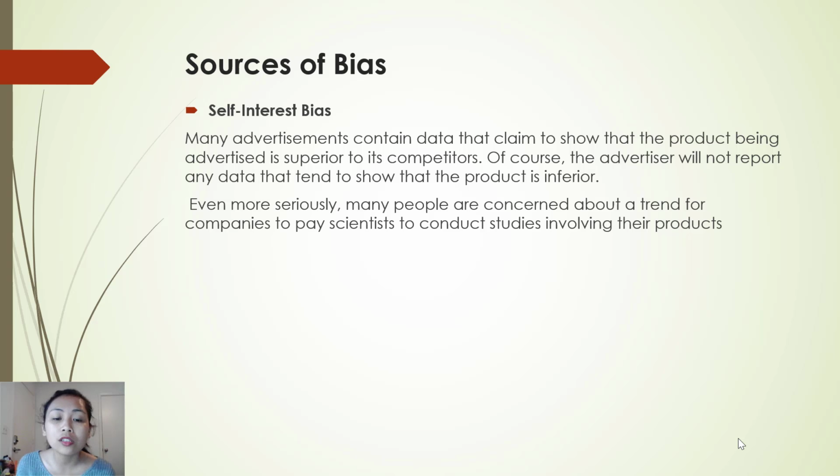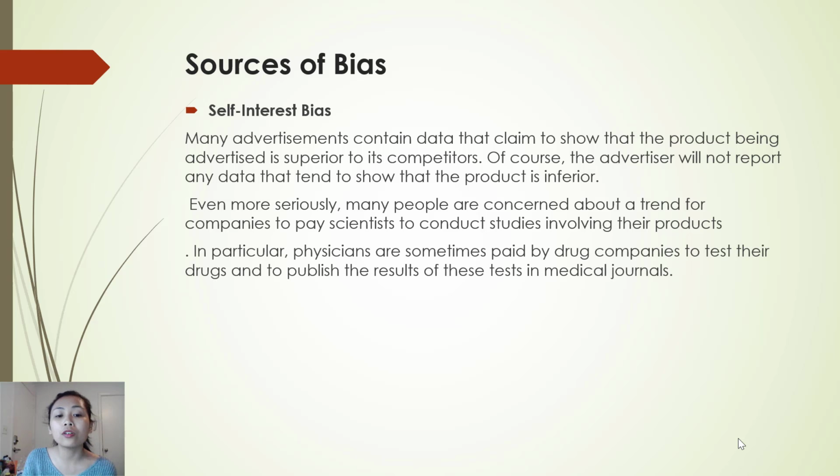Even more seriously, many people are concerned about a trend for companies to pay scientists to conduct studies involving their products. In particular, physicians are sometimes paid by drug companies to test their drugs and to publish the results of the tests in medical journals.